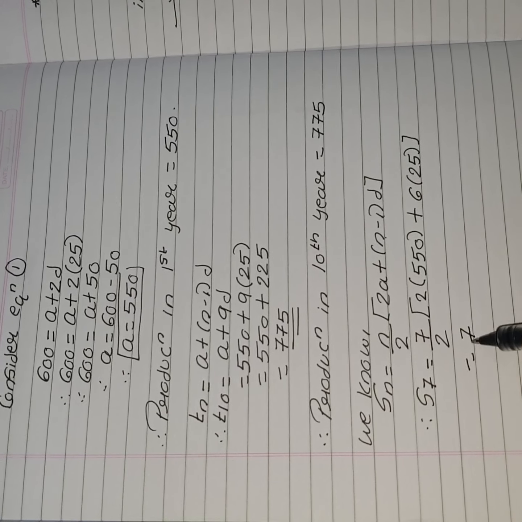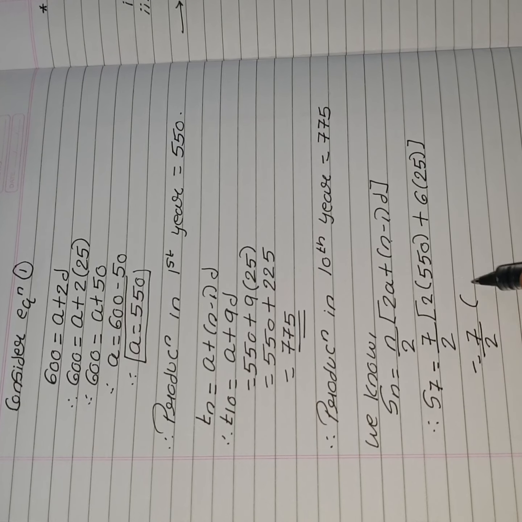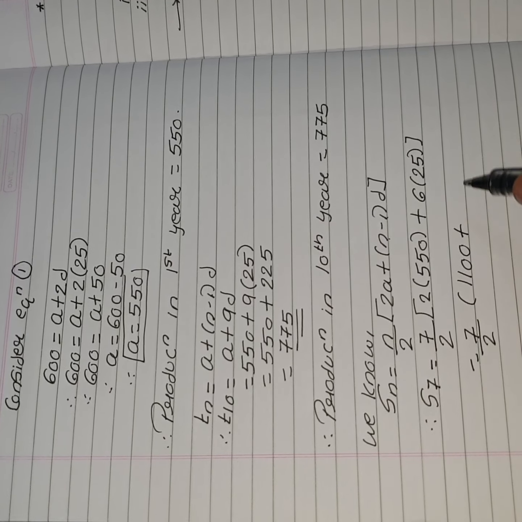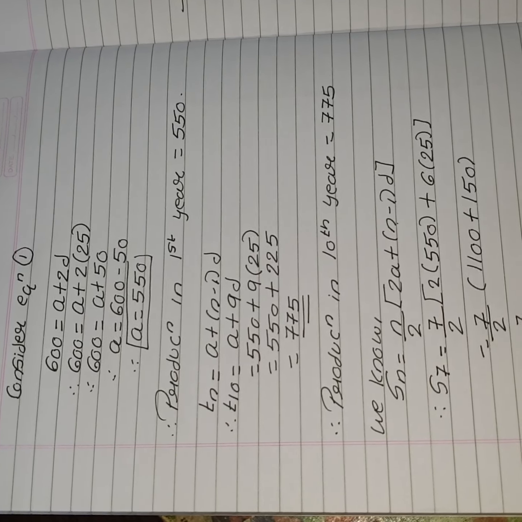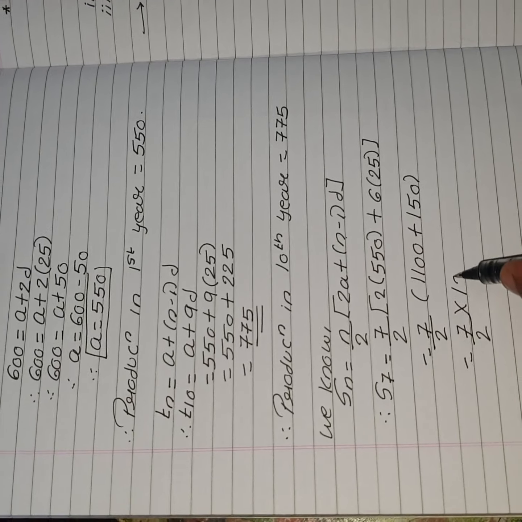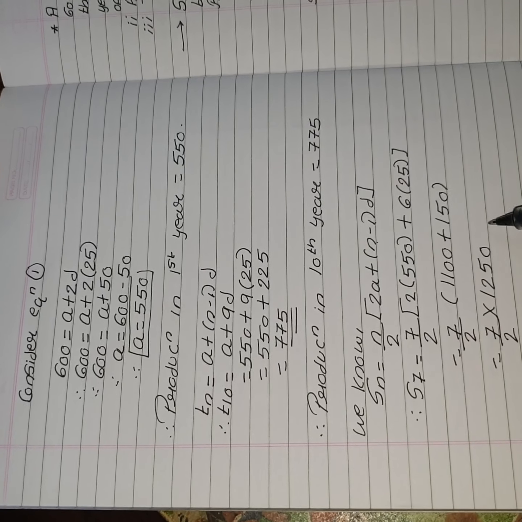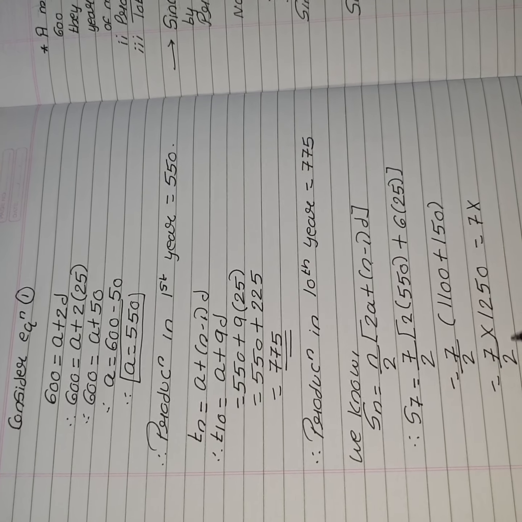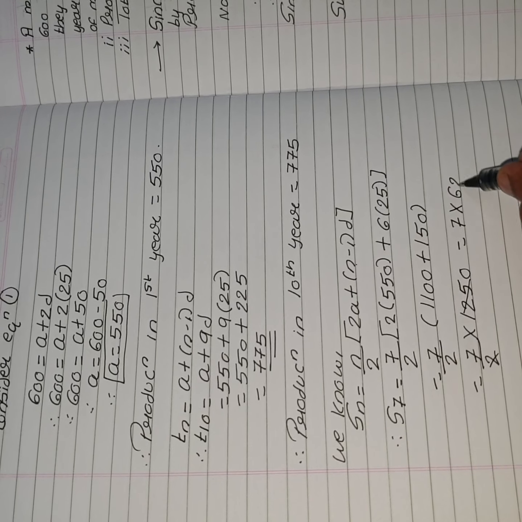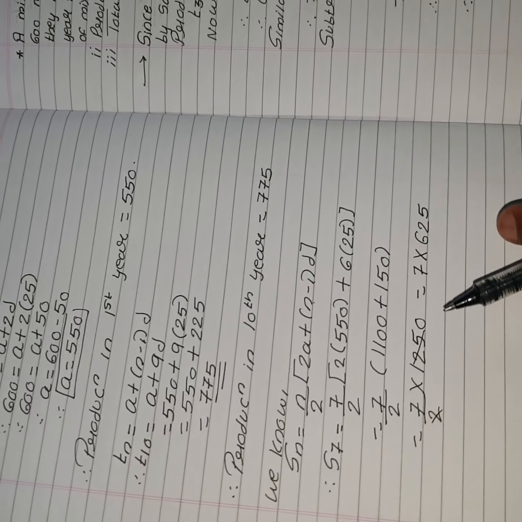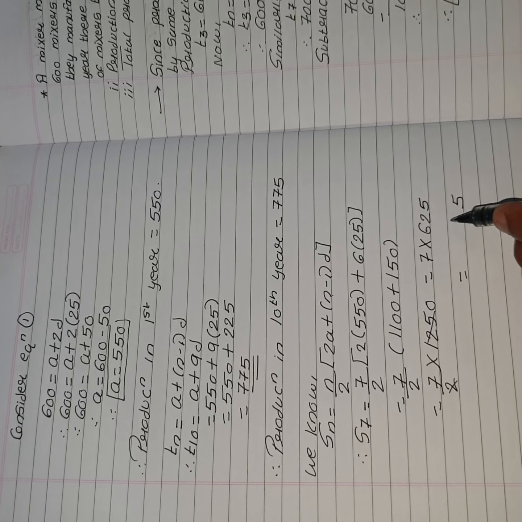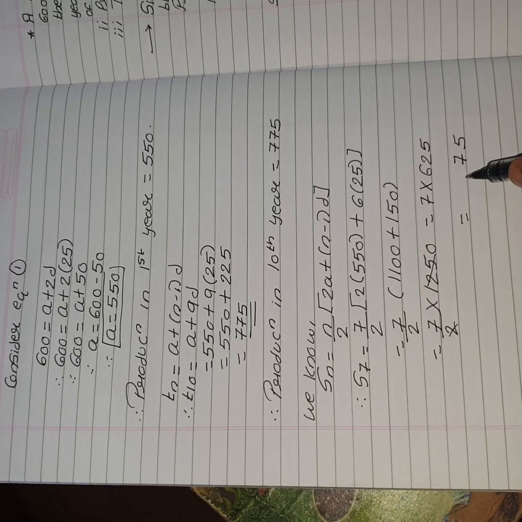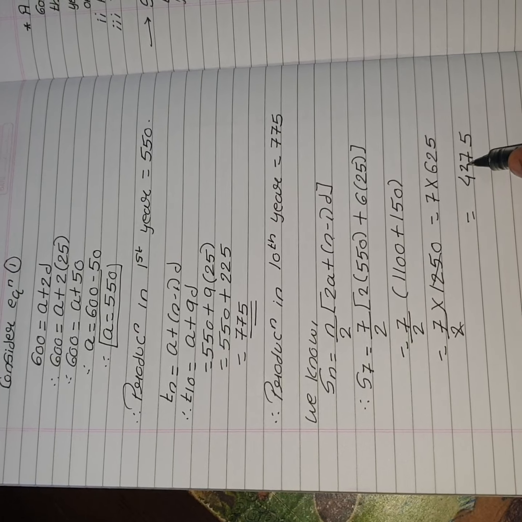That is equal to 7 upon 2 into 2 into 550, 1100, 25 sixes are 150. That is equal to 7 upon 2 into 1250. That is equal to 7 into 625. 7 fives are 35. 7 twos are 14, 17. Carry 1, 7 sixes are 42, 43.